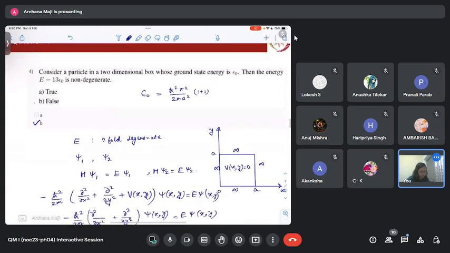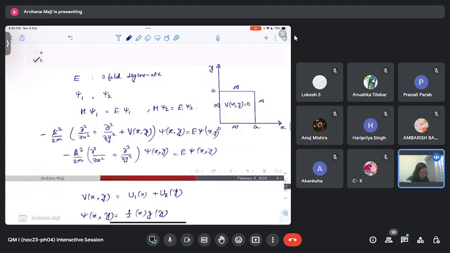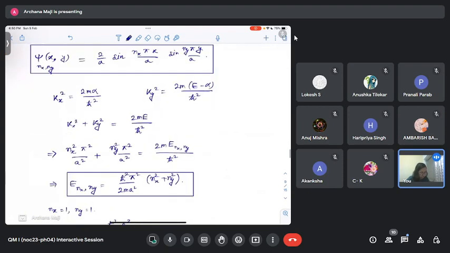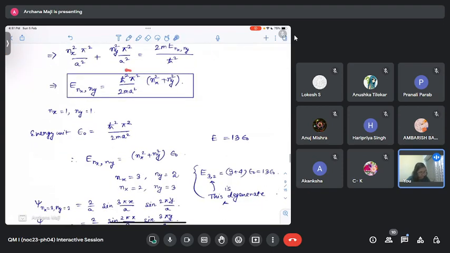But that is not what we are referring to, because then this would be 13 by 2, I think. So epsilon 0 here is the energy unit, meaning this entire thing, h cross square pi square divided by twice m a square, and not just h cross square pi square divided by m a square.